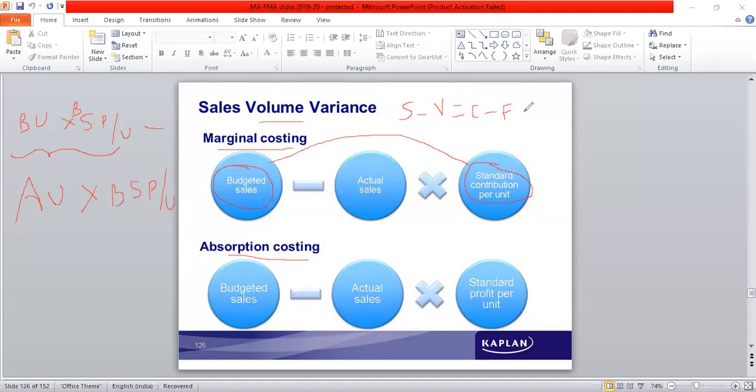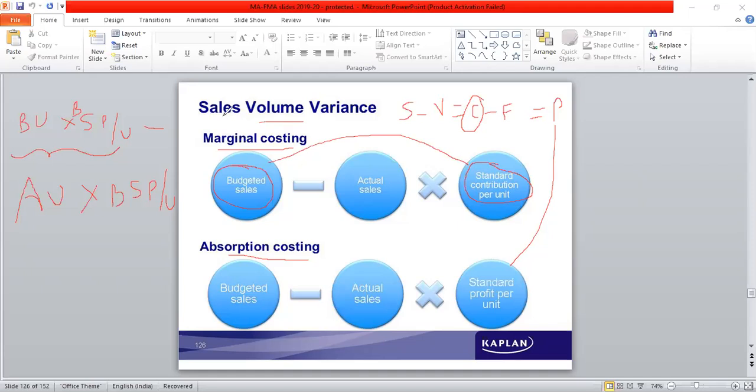In case of marginal costing, the dependence is on contribution per unit. In case of absorption costing, the dependence is on profit per unit. So the volume variance is basically, even if we have the selling price per unit minus variable cost minus fixed cost, when we deduct, we come to either contribution per unit or profit per unit.